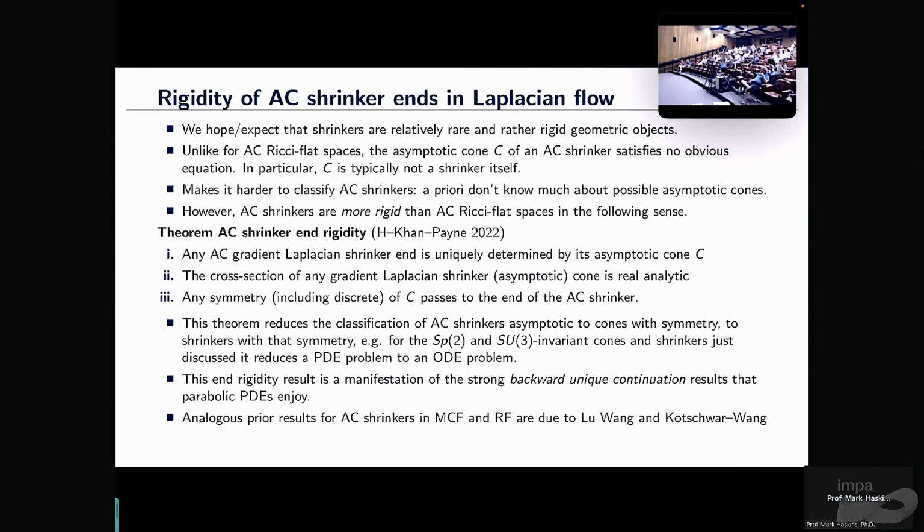So for instance, this allows you to reduce the classification of shrinkers that are asymptotic to cones with symmetry to shrinkers with that symmetry. So in particular, if we're studying things that are asymptotic to SP2 or SU3 invariant cones, then that reduces this shrinker classification problem from a PDE problem to an ODE problem.